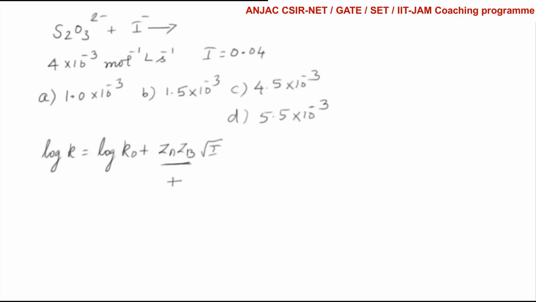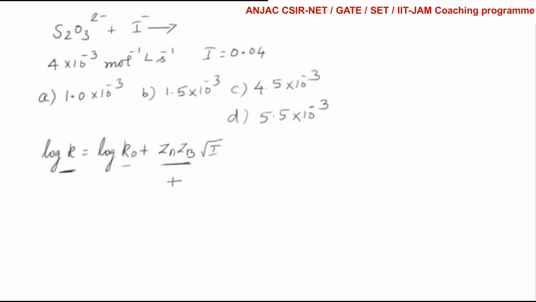If the value is plus, the rate constant is higher than the k naught, as the rate of the reaction is increased. If it is 0, log k is equal to log k naught. If it is negative, then the k value is less than the k naught value.